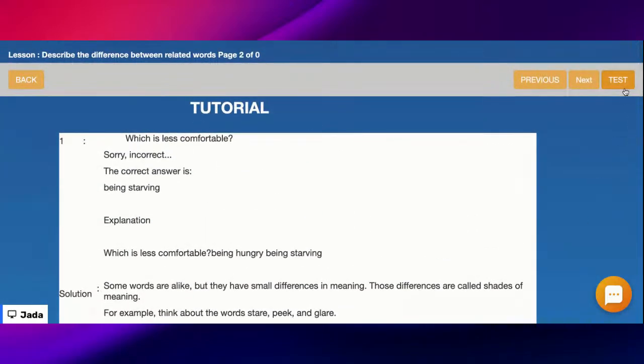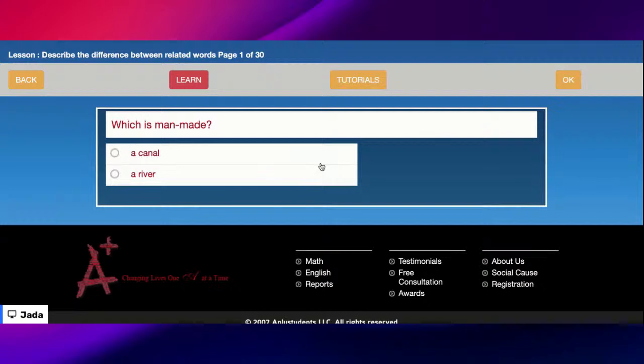So let's move on to the test, guys. I want you to send your answers. Okay, which is man-made, a canal or a river? Which of these is man-made?